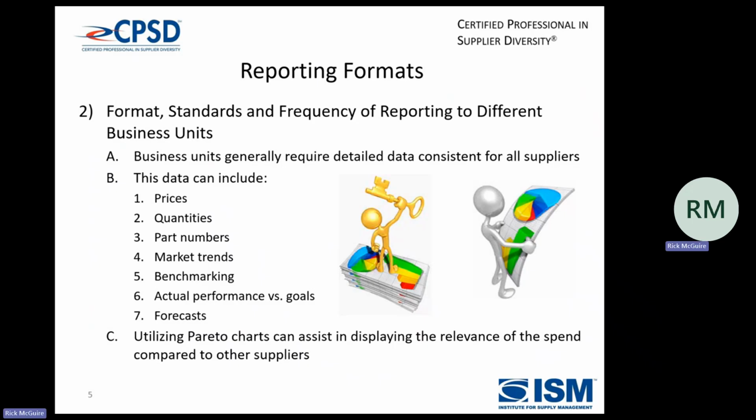So, format standards and frequency of reporting to different business units. Business units generally require detailed data consistent for all suppliers: things like prices, quantities, part numbers, market trends, benchmarking, actual performance versus goals, and forecasts. Using Pareto charts can assist in displaying the relevance of the spend compared to other suppliers.